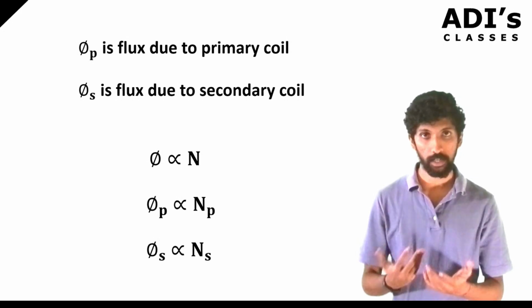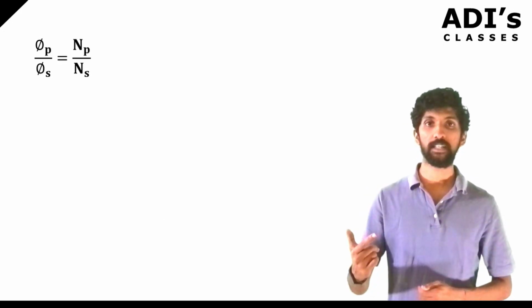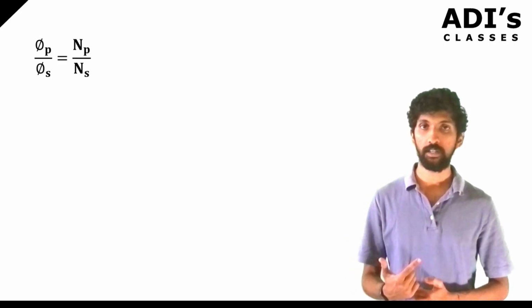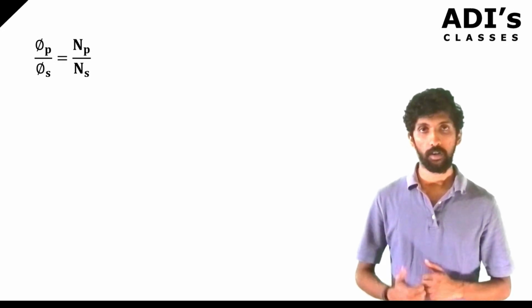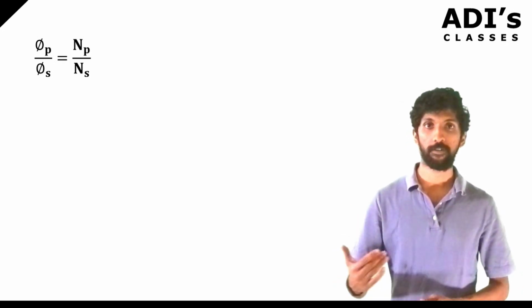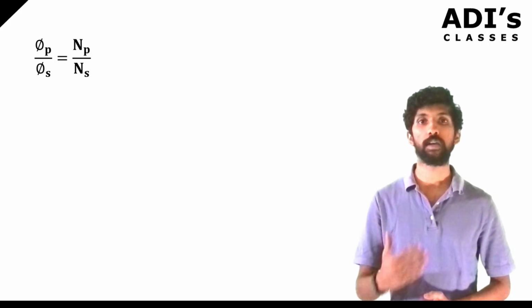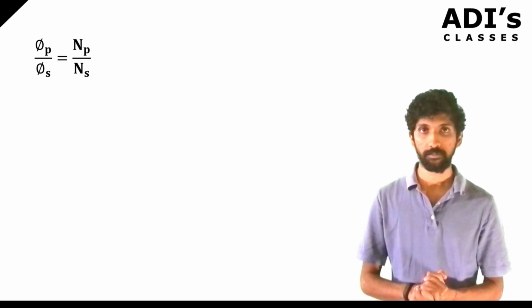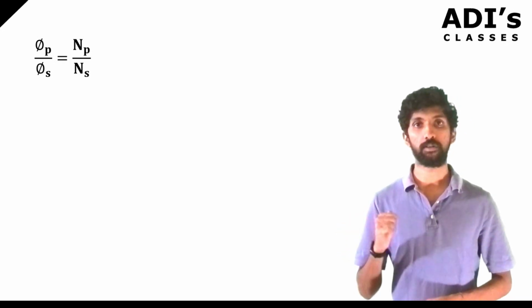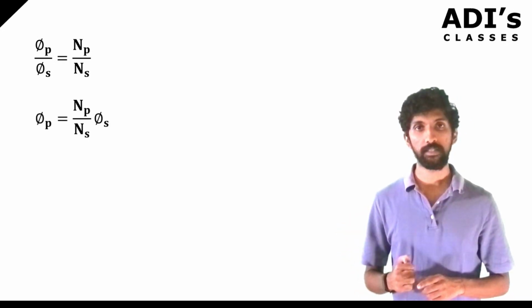If you take the ratio, you will get phi s by phi p is equal to ns by np, or the other way around, phi p by phi s is equal to np by ns. Now you cross multiply, you will get phi p is equal to np by ns into phi s, right?